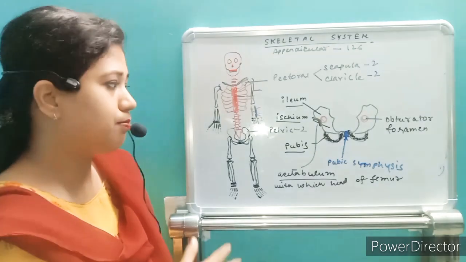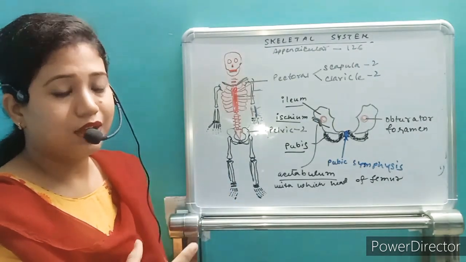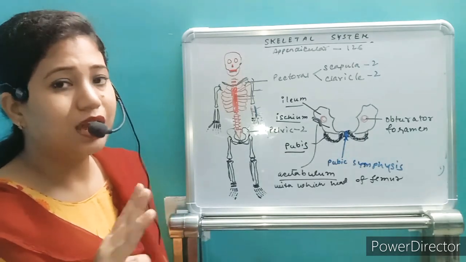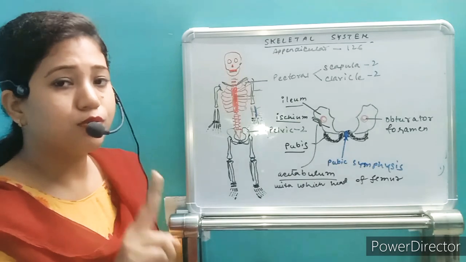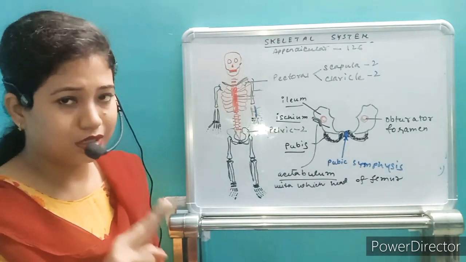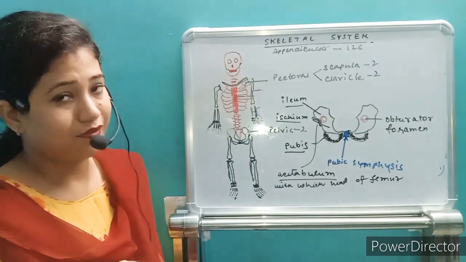We have discussed the pelvic girdle, two bones we have. Each is formed by the fusion of three bones: ilium, ischium and pubis. The two pubic bones from both pelvic girdles are closely attached to each other by a white fibrous connective tissue called the pubic symphysis.